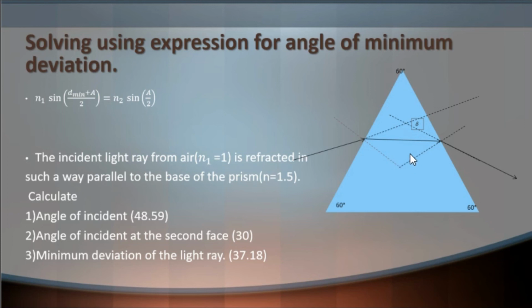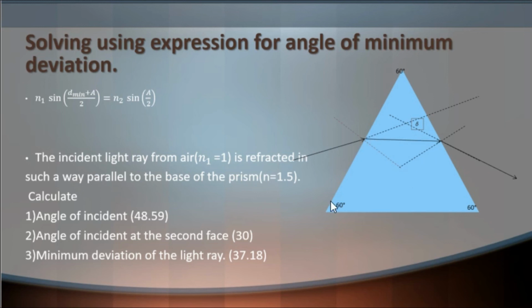So let's try to calculate. 180 degrees minus 60 leaves us with 120 degrees. A triangle consists of 180 degrees. 180 degrees minus 120 degrees will give us these two triangle angles, so we will get 60 degrees. 60 divided by 2 will give us 30 here and 30 here.